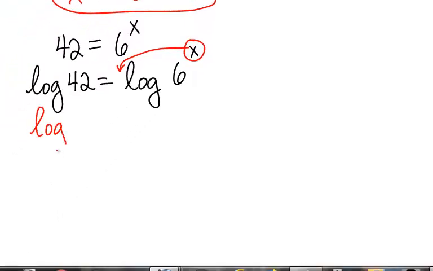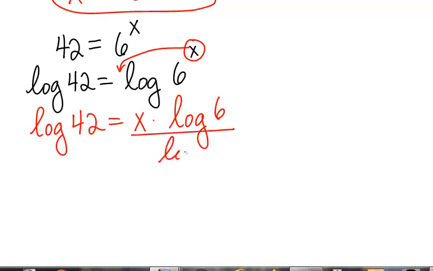So you do the log of 42 equals x times the log of 6. And remember, you're solving for x. So do the inverse, divide by the log of 6. Okay, so we should get log of 42, close the parentheses, divided by the log of 6. I get 2.0860.